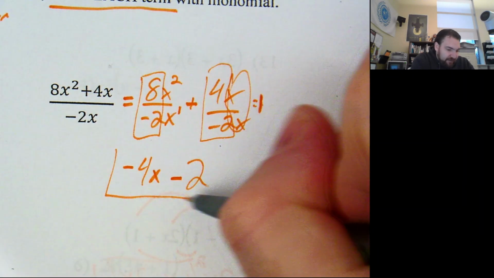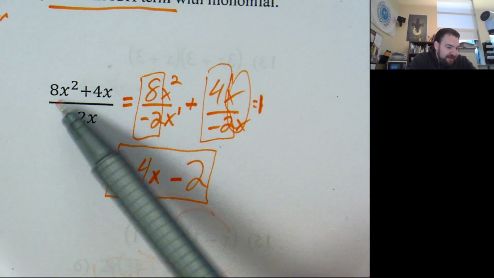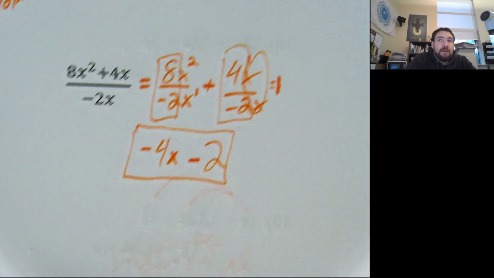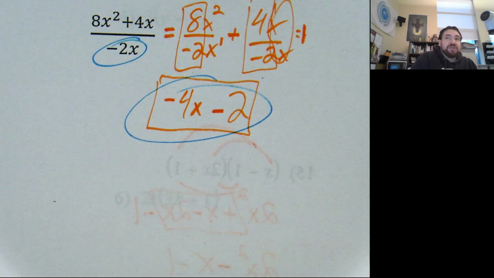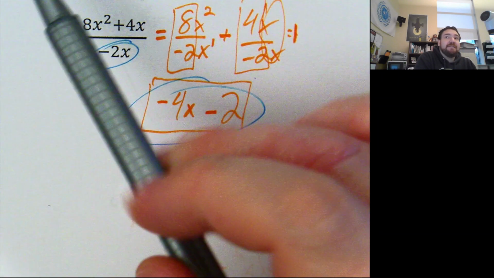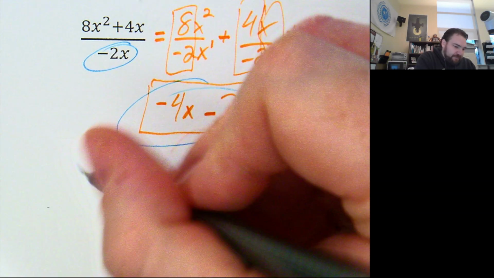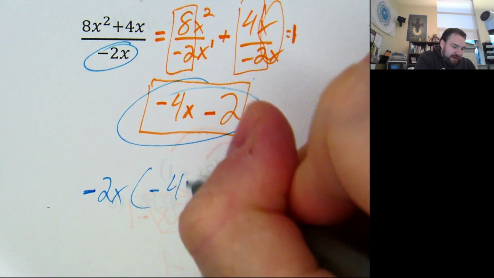So this then is the solution we should get when 8x squared plus 4x is divided by -2x. And we can check it. We can multiply this back together to check. I want to multiply this piece with our solution. If we get the numerator, we're done. So let's check it. I have -2x, and I'm going to multiply that back together with -4x minus 2.